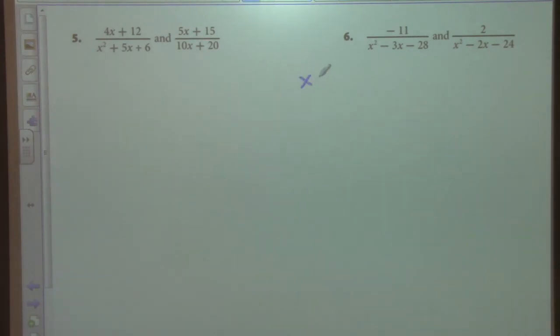Okay, x squared minus 3x minus 28. Then we got x squared minus 2x minus 24. Okay, what are these going to be factored out?